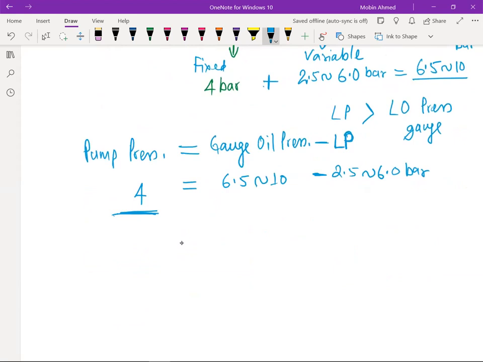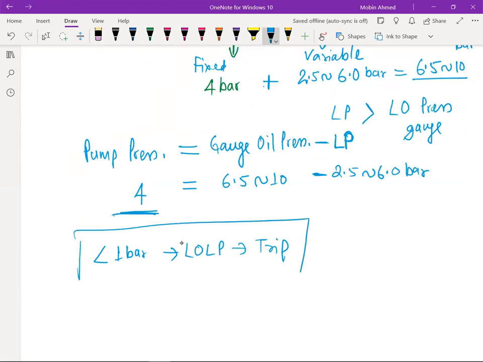Now what I do is set a limit: if it is going to be less than 1 bar, there should be a LOLP trip. Okay, if it is less than 1 bar, the LOLP trip should happen. This is the setting I am going to do.